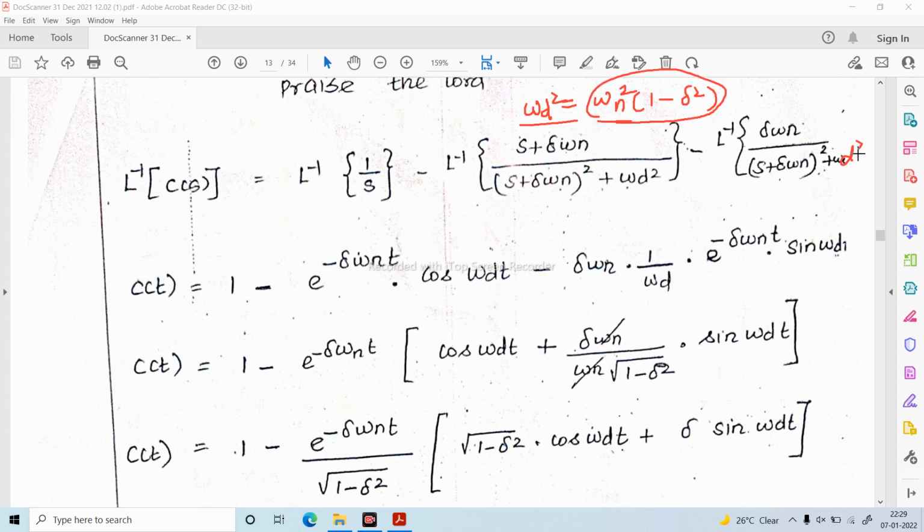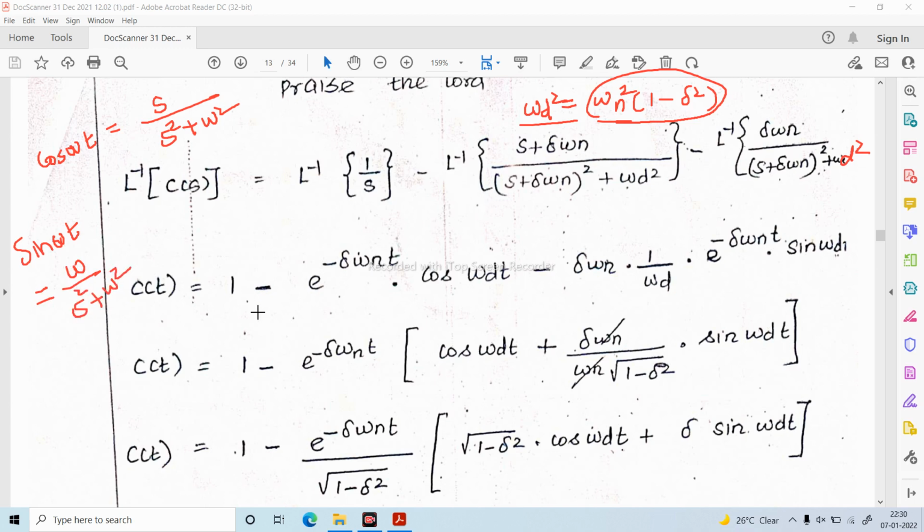So next I directly apply the formula here, because the Laplace transform of cos omega t is s by s square plus omega square. What is sin omega t? Sin omega t is omega divided by s square plus omega square.